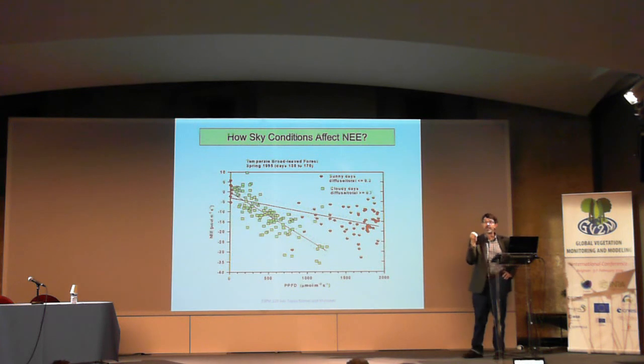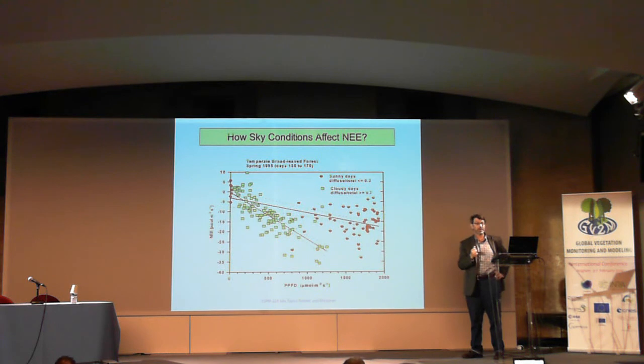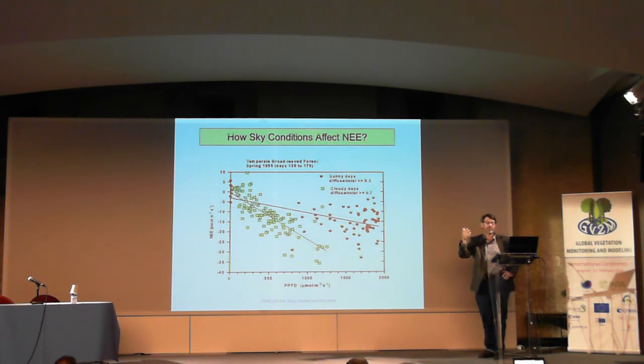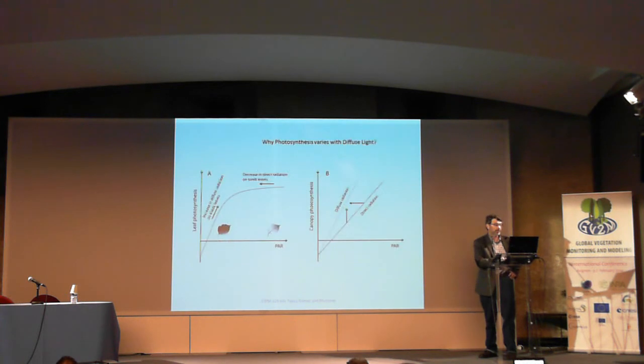But also remember, we're working with complex systems, and an attribute of complex systems is scale emergent properties. One of the top examples of scale emergent properties is this response of diffuse light on carbon fluxes. It's actually much steeper under diffuse light than under clear skies. This is rarely put in the models, essentially. And again, it's this nonlinearity effect that really causes this.